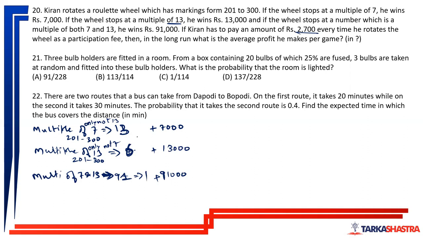Now the probability of this will be 13 by 100. Probability of this will be 6 by 100, and probability of this will be 1 by 100. This is my P1, this is M1, this is P2, this is M2, this is P3, this is M3.